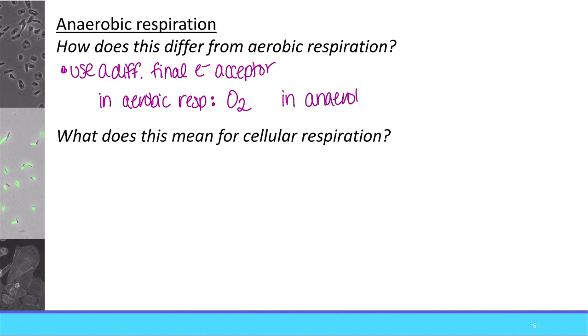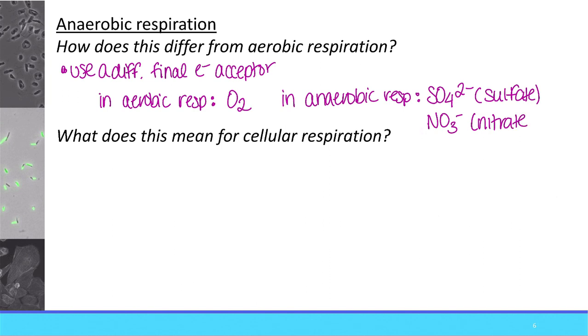In anaerobic respiration, we can actually have a more diverse electron acceptor. So we can have SO4 2-, which is sulfate. That's an example of a pretty commonly used one. We can have NO3-, which is nitrate. There are a multitude of other ones.